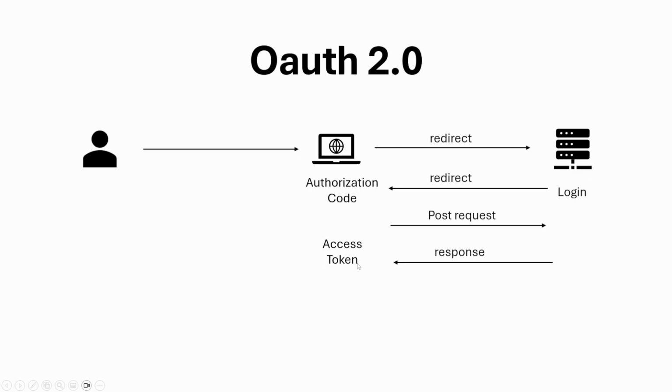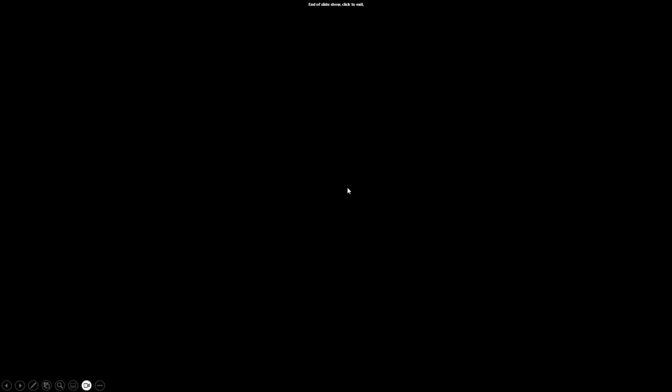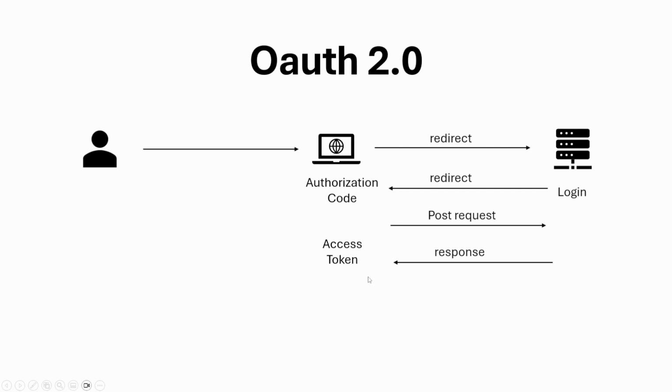But you may be asking now, why do we need to do that step? Why doesn't our server simply give us the access token after the user is redirected? Well, that's because it would be a security issue.